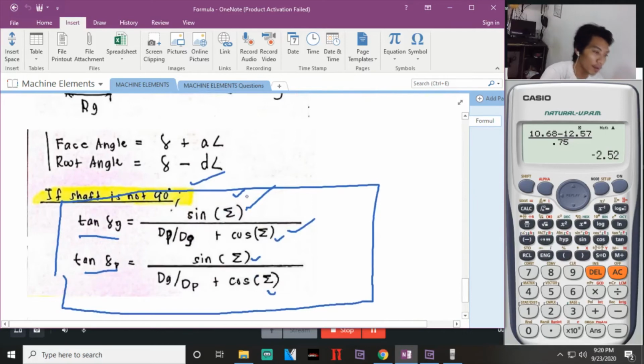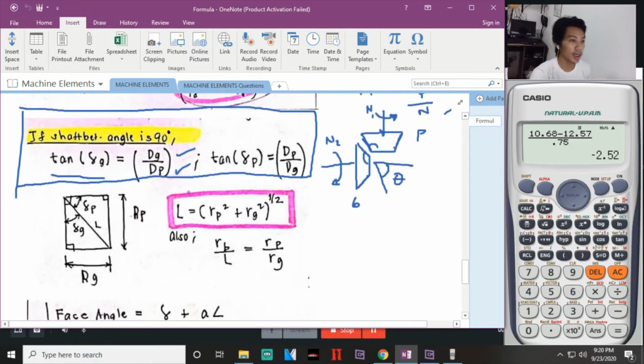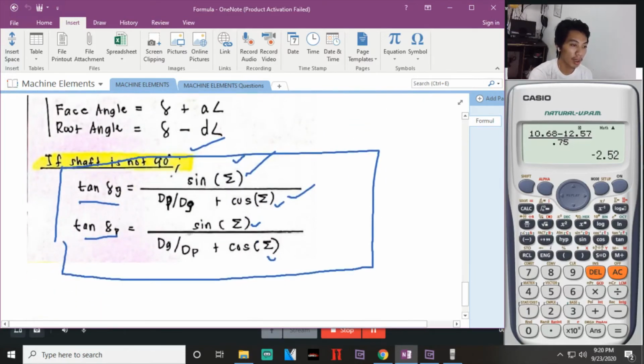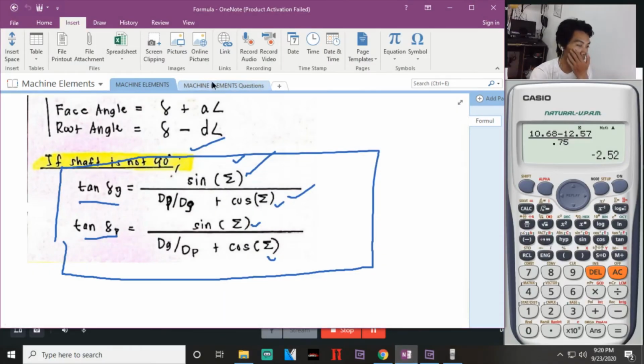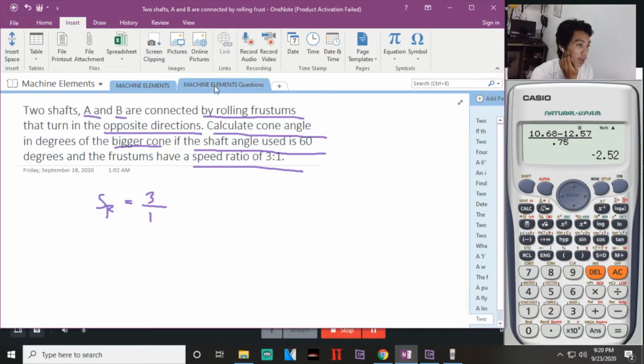If shaft is not 90 degrees, ganito lang ang gagawin. Eh, hindi naman sinabing 90 degrees. Anong hinahanap niya? That is the cone angle in degrees of the bigger cone.